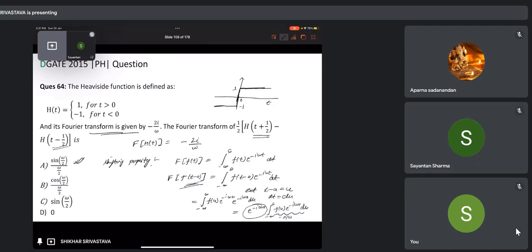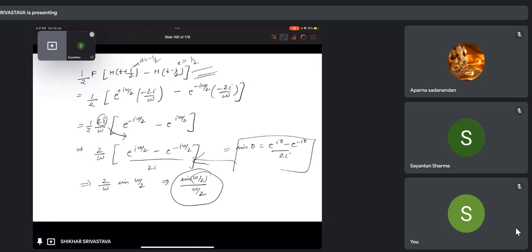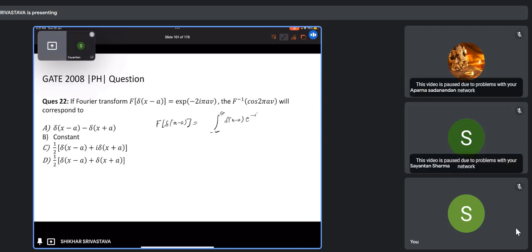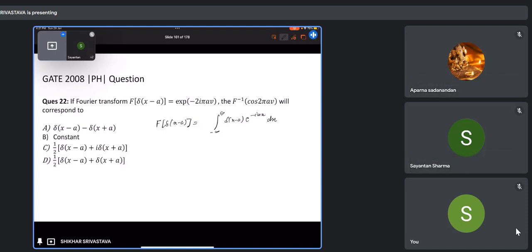Yes. Okay. So now the next question is another question where they have given you the Fourier transform of some delta function. So the Fourier transform of some delta function is already given in the question. Or we can also calculate it, it is simple. You know that the integral of delta of x minus a times f of x dx, by the property of delta function, will be nothing but f of a.